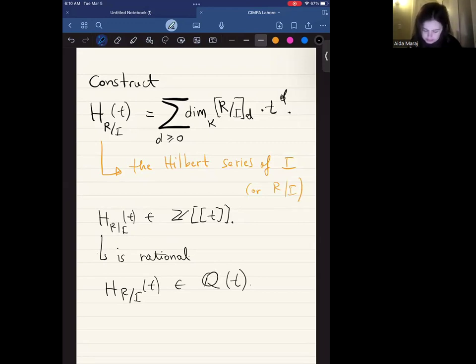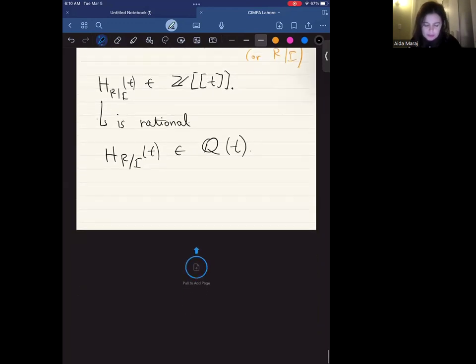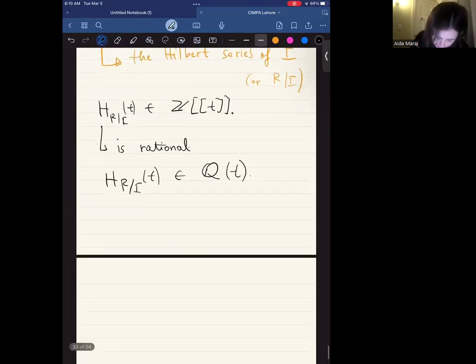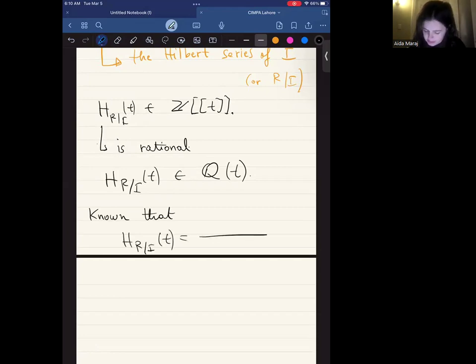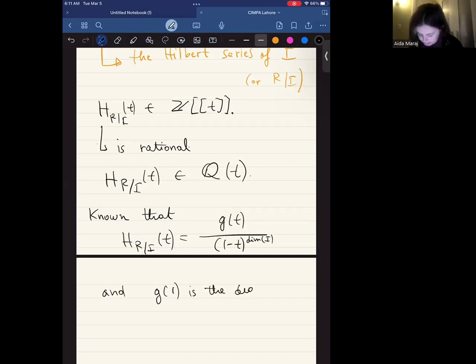And so in particular, we know even more than that. We know that H R mod I of T has a form that looks something like this, some G of T over 1 minus T to the dimension of I, and G of 1 is the degree, the algebraic degree of the ideal.